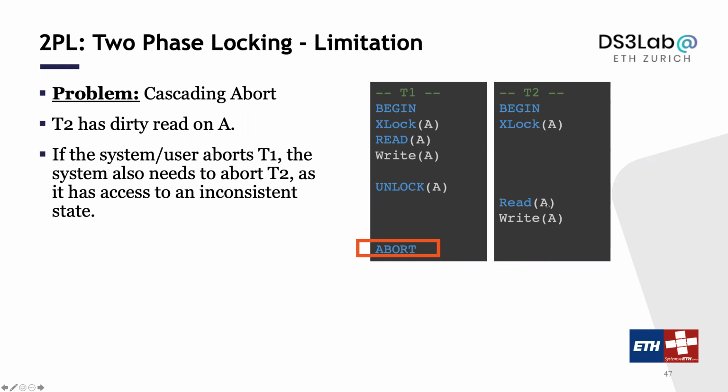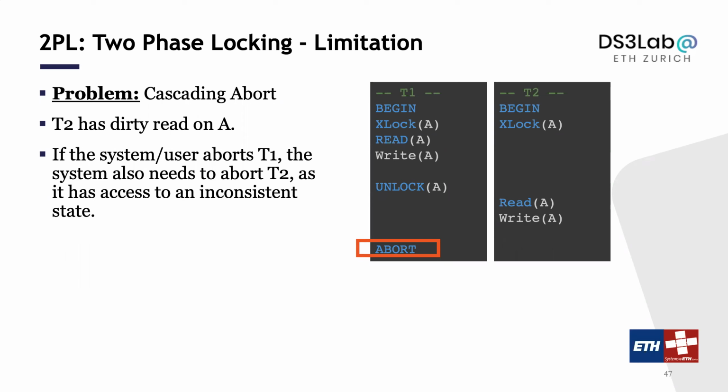However, if you look at this read operation, because it happens after T1 unlocks A, it's going to read from T1, in the sense that this read of A is going to get the A written by T1. But now I want to abort T1. It means I also need to abort T2, because T2 is reading something that has never existed in my database if T1 is rolled back. This is called cascading abort.